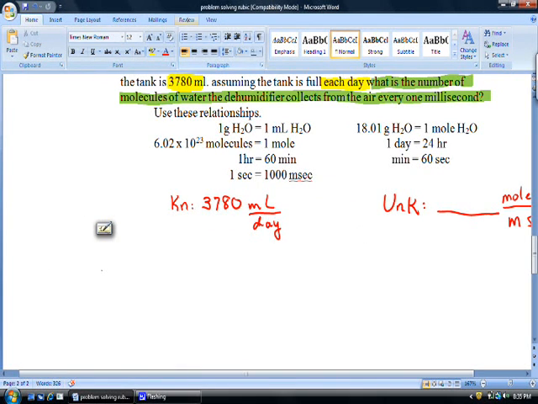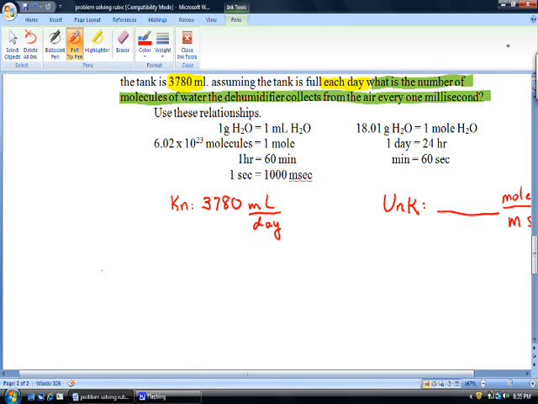So I know that we are starting with 3,780 milliliters of water per day. That's per 1 day.